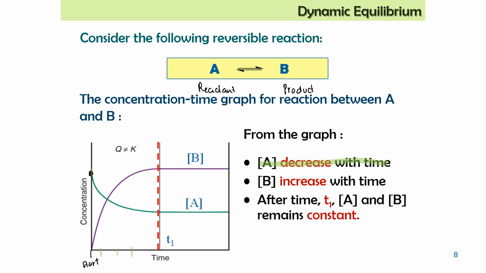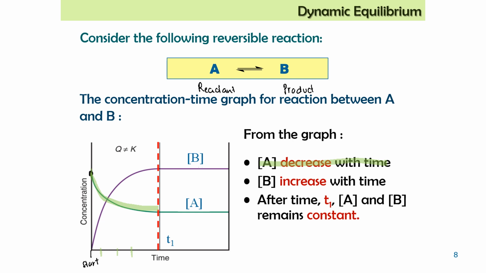You can see here, the concentration of species A will decrease until it reaches this point. For the concentration of B, B is your product. At the beginning of the reaction, the product has not been produced yet. In this case, you have zero amount of the product.